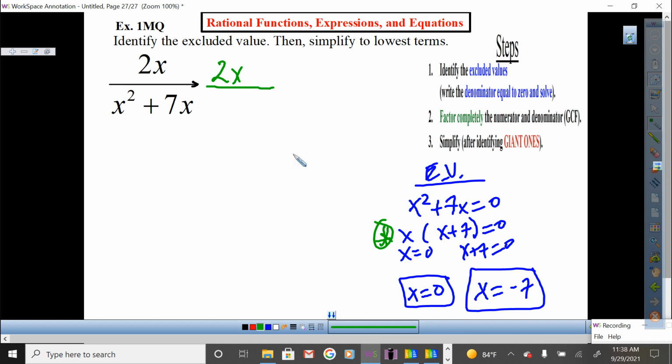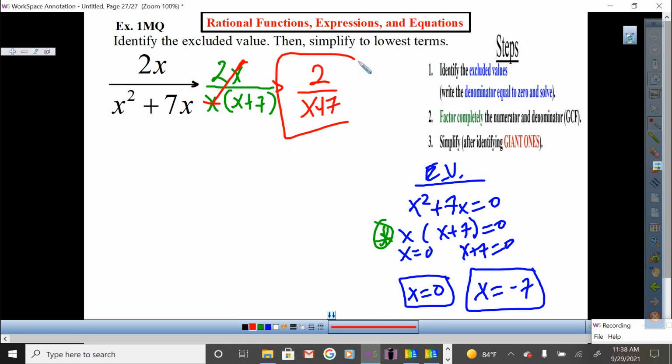We already did it, so we end up with what? X times x plus 7. Okay. Giant 1, yes? X over x. That leaves us with 2 over x plus 7. Hands, have you got that? Alright? We good? Alright. Let's crank it up a notch, yeah? Oh yeah, let's go.